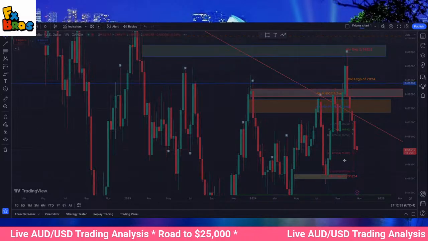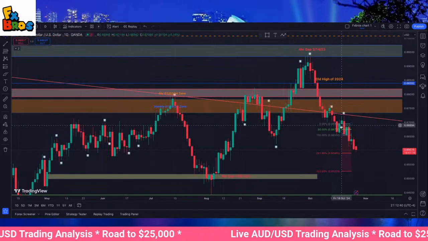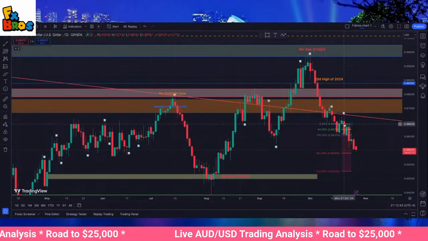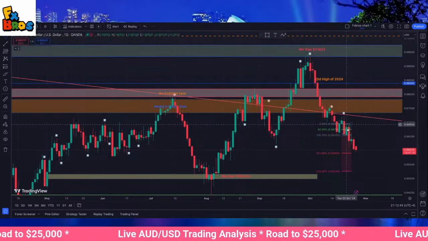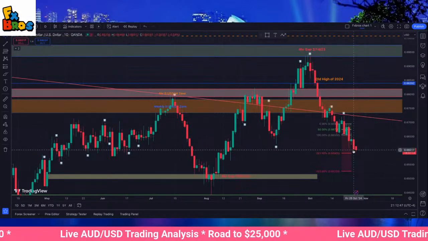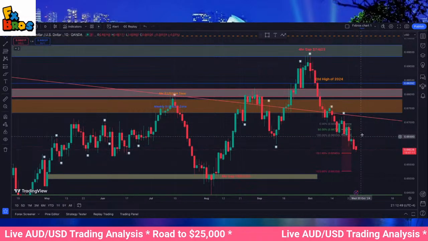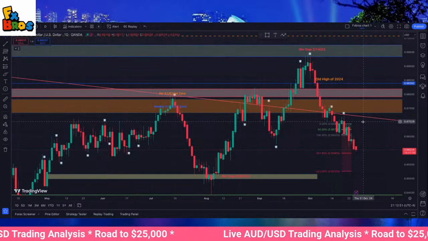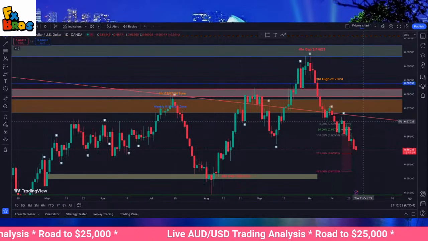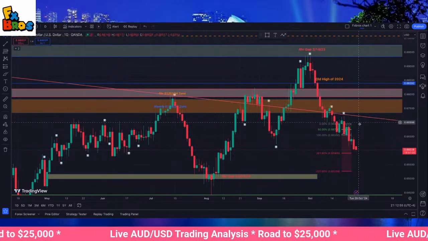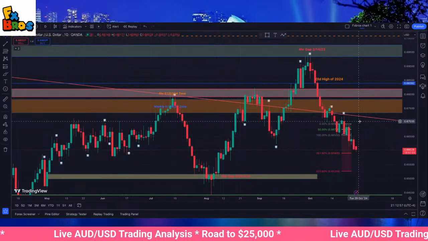If we get 5 days from Monday right here, this body, all the way to Friday, could that trade back up? It could. I'm not saying it can't, but that's going to be a far shot.